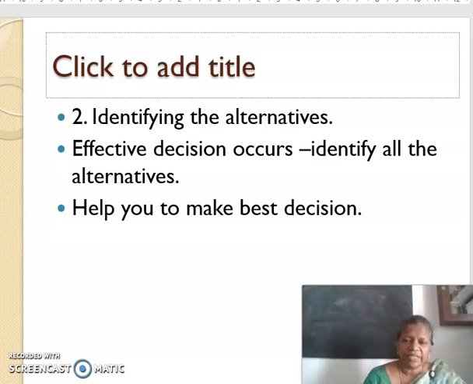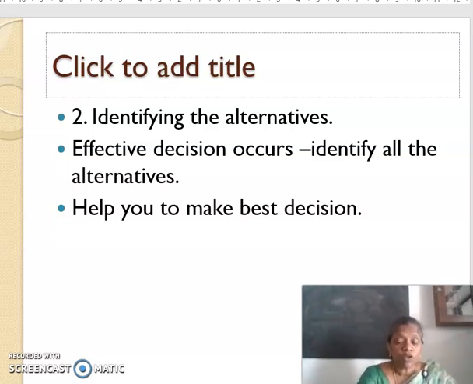There will be so many alternatives, so you have to identify all the possible alternatives, so that you can make the very best selection. In fact, many times, after making a decision and implementing it, you may say that you have taken that alternative, and it would have been wise if you had taken such a good decision, etc.